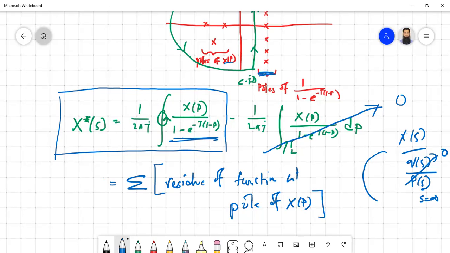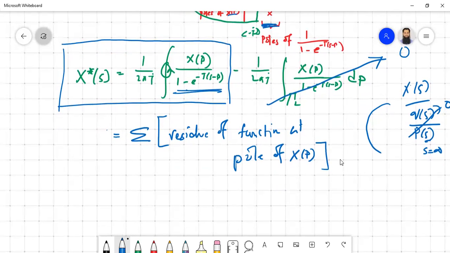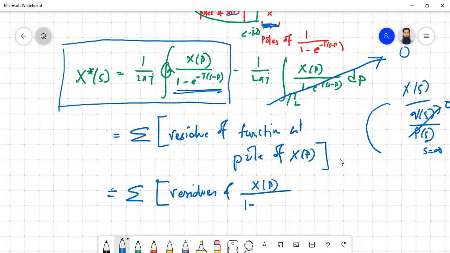That is why we always write it this way. So the result is the summation of all the residues of the function, which is XP by the whole function, but at the poles of only XP because they are enclosed. A simple idea, the idea that we developed in the last chapter.